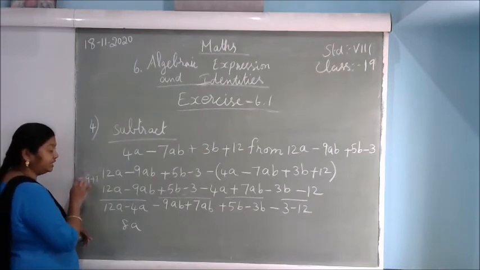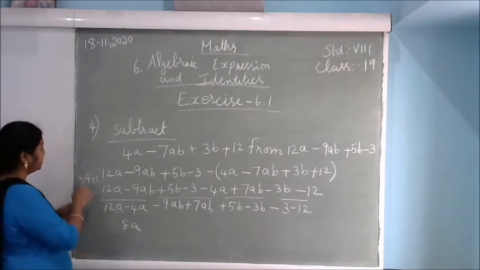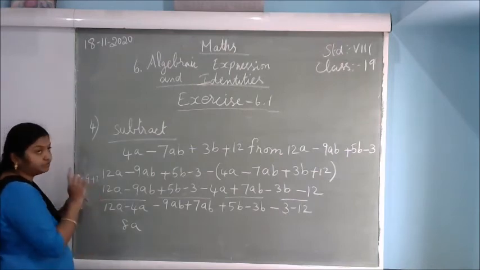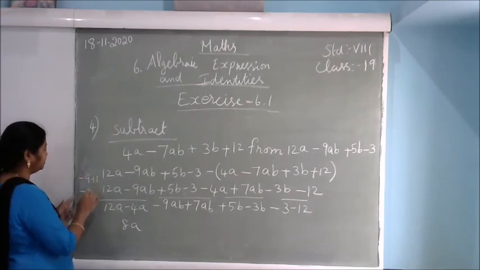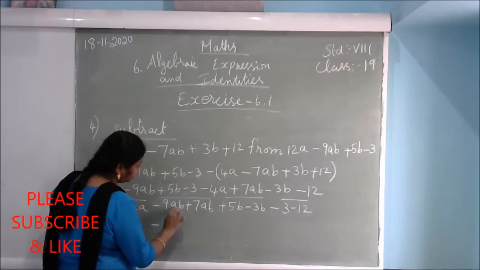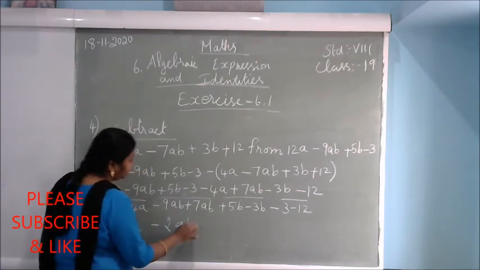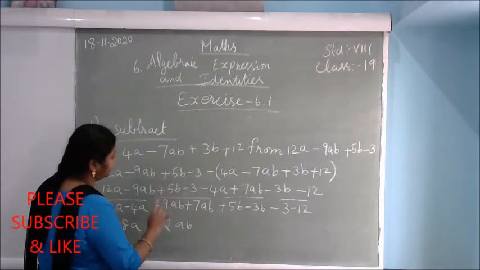Negative. So in the answer the negative sign will come. Since the signs are different, you have to subtract the numbers: 9 minus 7. What is the answer? Minus 2. What are the variables? AB. Don't write AB two times or the square, only one time AB will come.